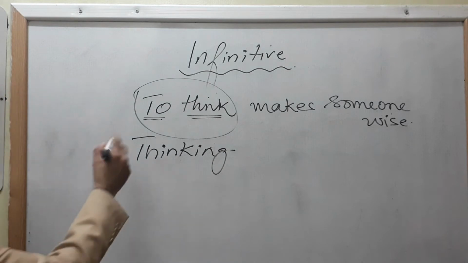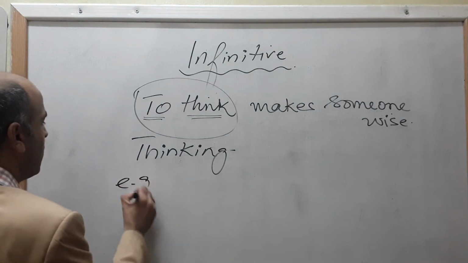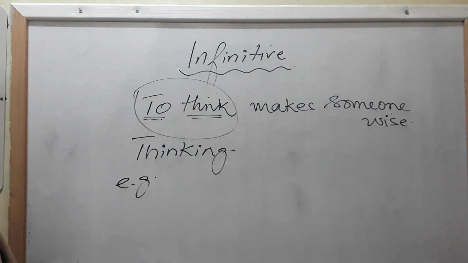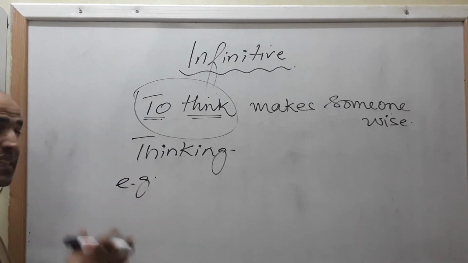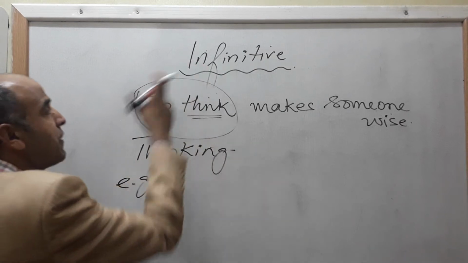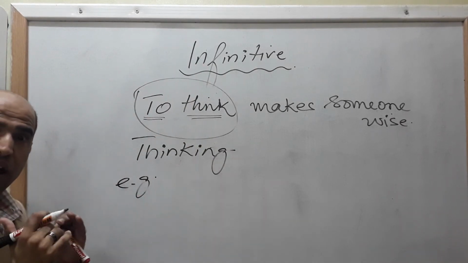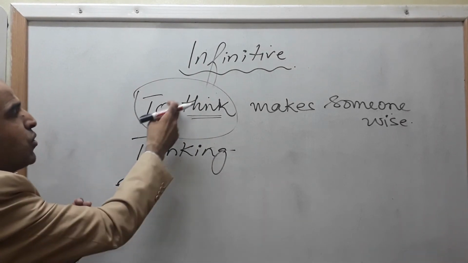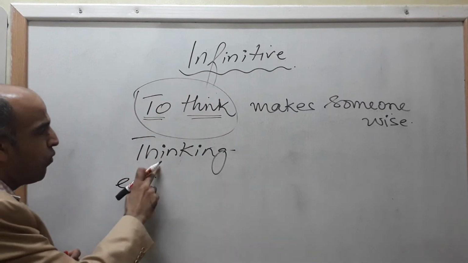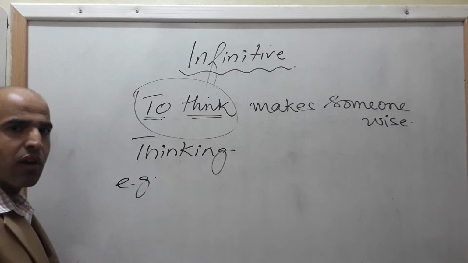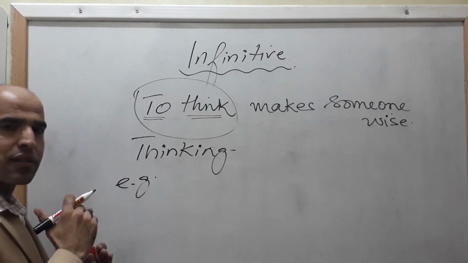Now, second example of an infinitive working as a subject of the sentence. It means that here your infinitive is working as a noun. Your infinitive to think could be replaced by thinking, verb think plus ing, when it works as a subject of the sentence.